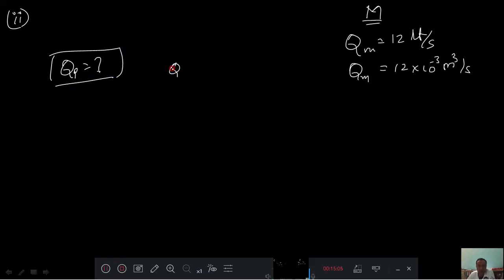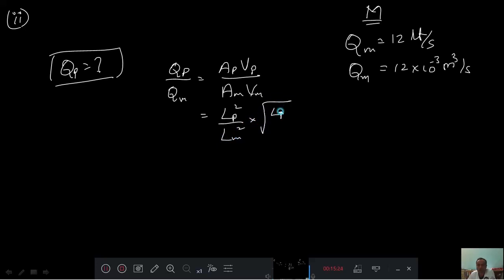Then what it tells, that is your Qp divided by Qm is equal to area Ap into Vp divided by Am into Vm. This is your Lp square divided by Lm square into root of Lr, that is Lp by Lm. These are the things you should remember, and this is your 50 square into root 50 is the answer, that is 17677.669.